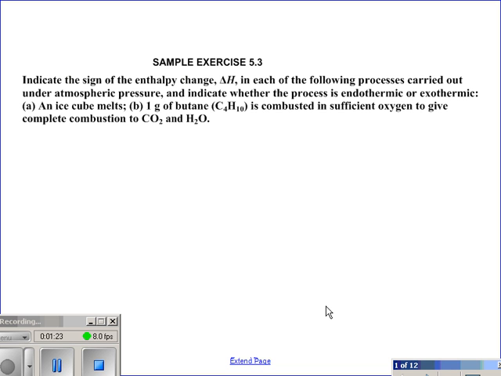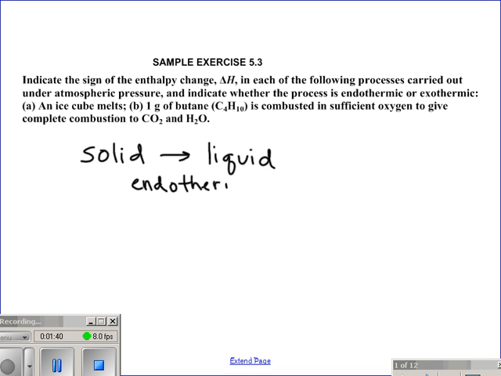So anytime you're going from a more orderly state of matter, like a solid, to a less orderly state of matter, like a liquid or even a gas, this would be an endothermic process. Therefore, delta H, or the change in heat, would be positive. So that answers A. Ice cube melting, endothermic, requires heat.